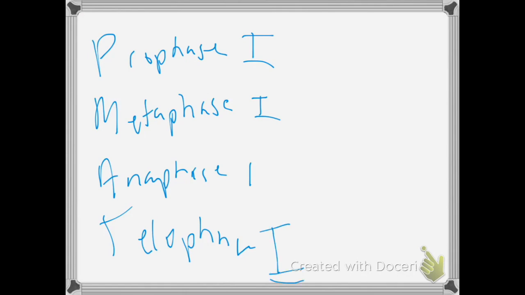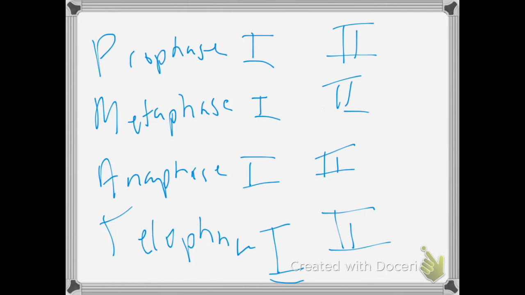And then instead of replicating your DNA again, you're just going to go straight back into prophase. This will be prophase 2, metaphase 2, anaphase 2, telophase 2. Regardless whether it's mitosis or meiosis, let's talk about what happens during prophase versus metaphase versus anaphase, etc.